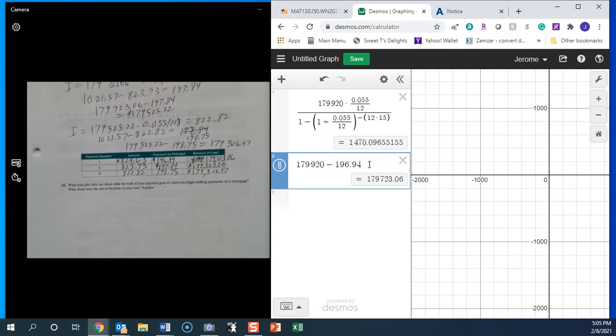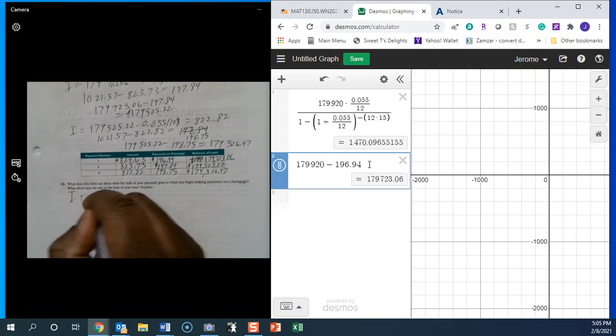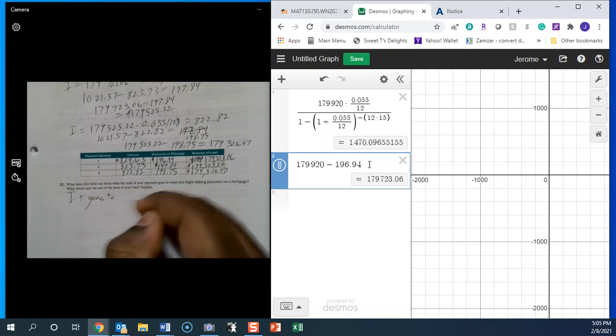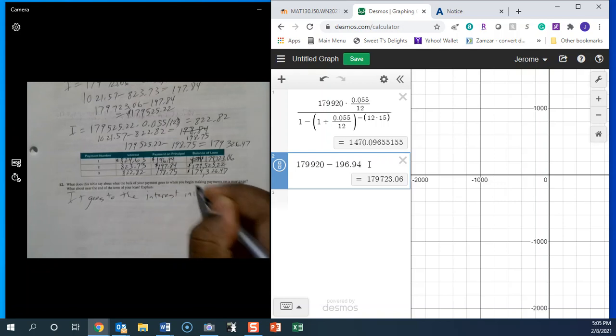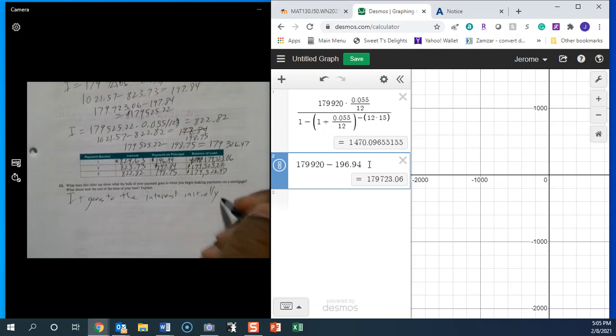All right. Now, what does this table say about what the bulk of your payment goes to when you begin making payments on the mortgage? It goes to the interest initially. What about near the end term of the loan?